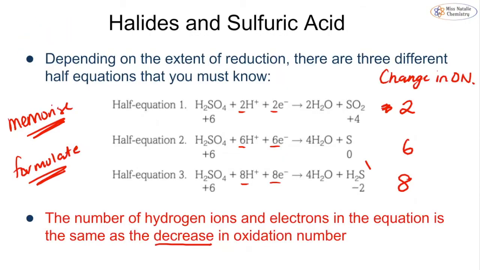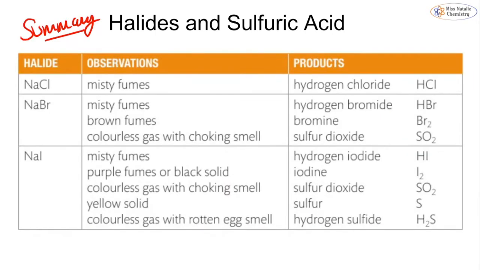So if I just go back one slide, that's showing that we're getting this half equation 1 happening. When you have the reaction with sodium iodide, we see 5 different products being formed. So we get misty fumes for hydrogen iodide, we get purple fumes or a black solid, and that tells us that we've formed iodine.